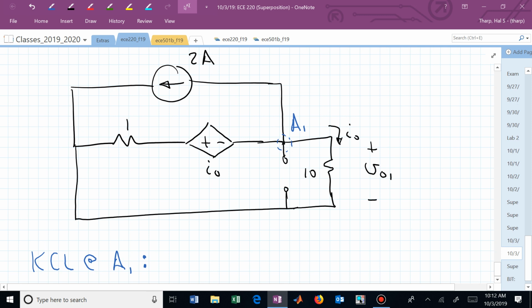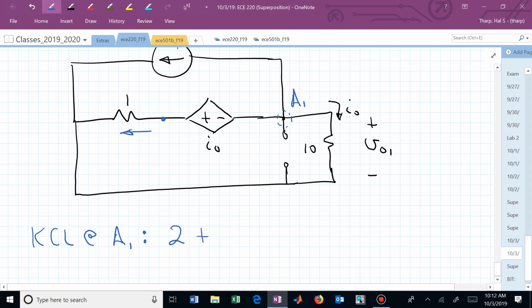This now says I have 2 there. And what do I have? Now I need to know the current going there, which is V sub 0, 1 plus I sub 0. That's this voltage minus the reference voltage, which is 0 here, divided by 1.